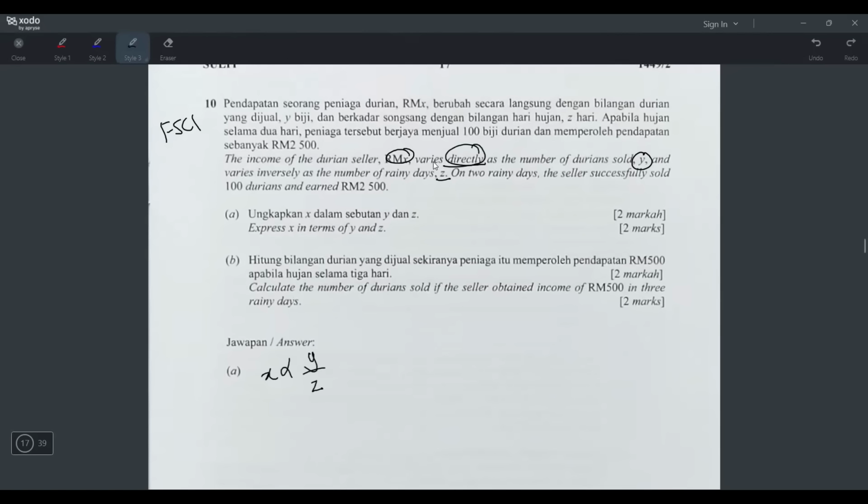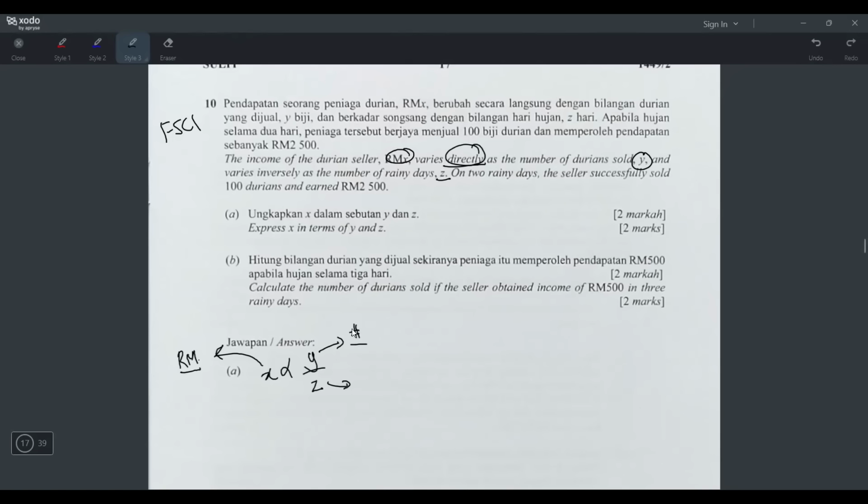Also, this is a story question. So usually when I teach my students, if the variation question involves a story like that, I ask them to put an arrow and write down what the XYZ represents. And if possible, write down the unit also. That's the best. So X represents income of durian seller, in RM. Y represents the number of durians sold, so I'll just write a hashtag like that.